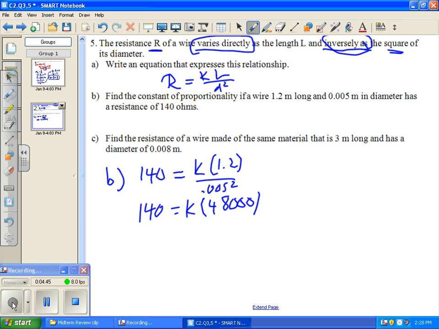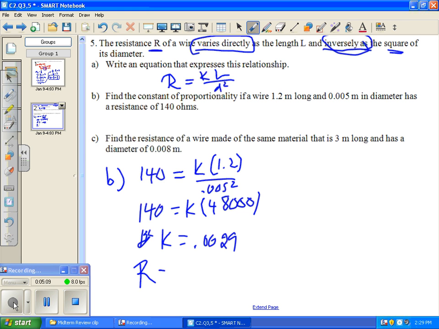Divide both sides by 48,000 to figure out the K. That gives us K equals 0.003. Let's write the equation with the K plugged in.